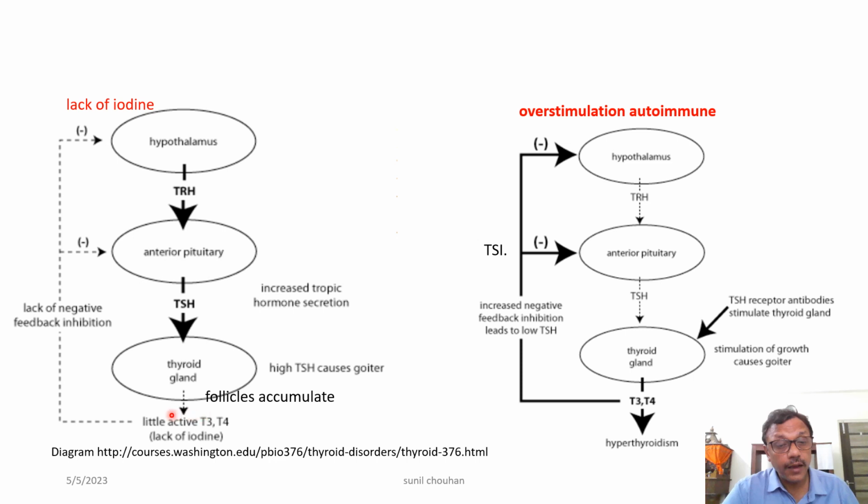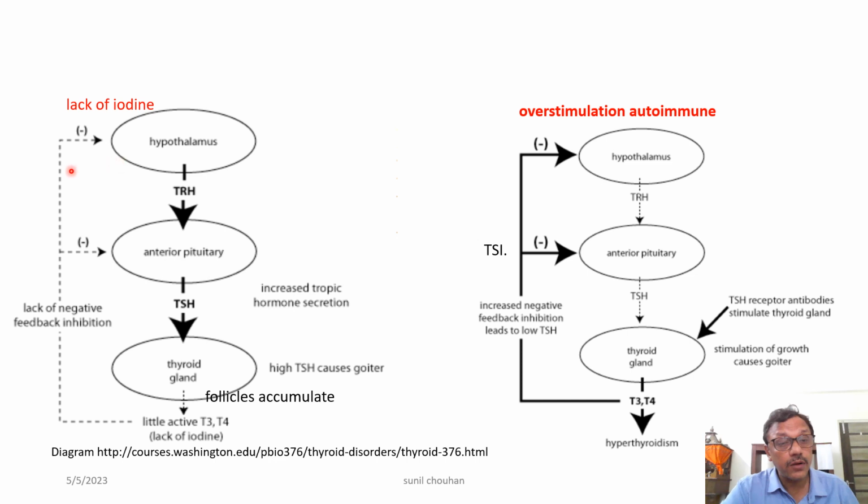Now when the amount of T3 and T4 is less, in normal circumstances negative feedback is given to the hypothalamus and the anterior pituitary. This negative feedback signals that there is a less amount of T3 and T4 in the blood, so please try to increase the amount of T3 and T4 in the blood.